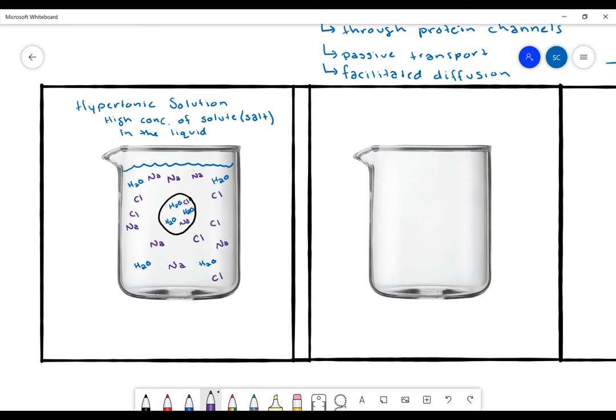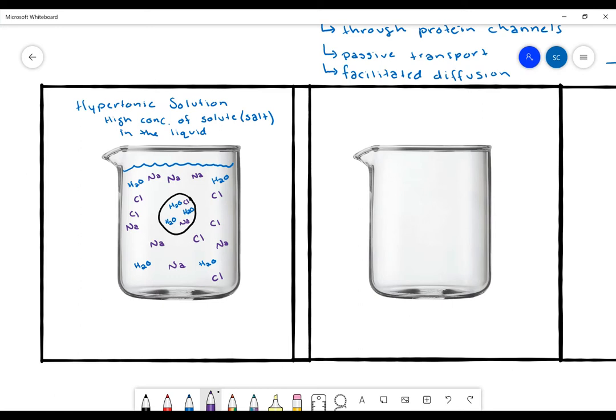But in this case, where it's dropped into very salty water, these water molecules inside the cell are more crammed together than the water molecules on the outside of the cell. So outside of the cell, though there is still water there, they have a lot more space because they're kept separate by those salt ions. Whereas inside the cell, the water molecules are actually shoved closer together by the cell membrane. So the water molecules inside the cell actually have less space than the water molecules on the outside.